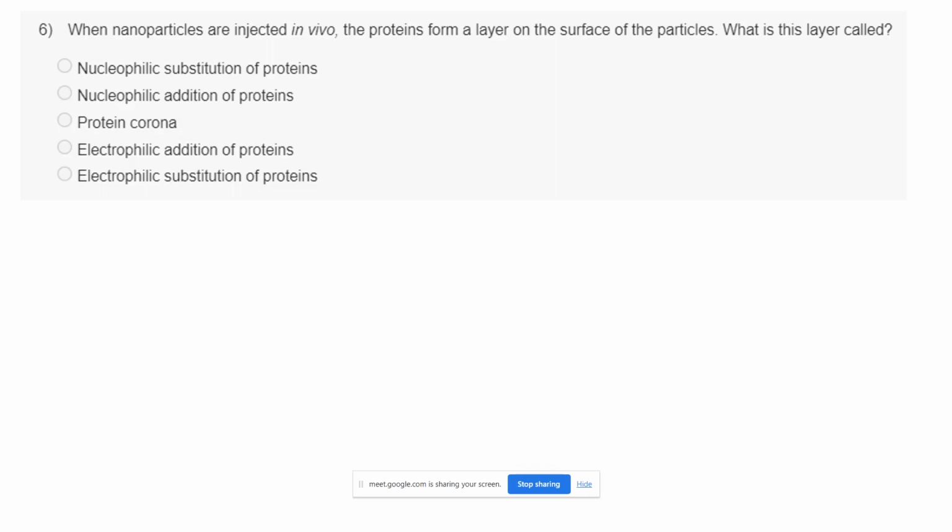What is the layer called that the proteins form on the surface of particles? Anyone else would like to answer?